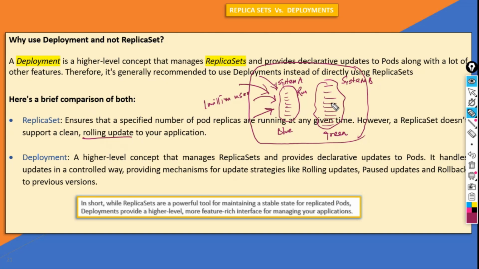And then when you have tested and they have been tested 100% fine, when everything is working fine, then in one go, you make the green turn into blue. How? You divert or redirect all the users. Now, all the users will be pointing to this system. You do not disturb this.